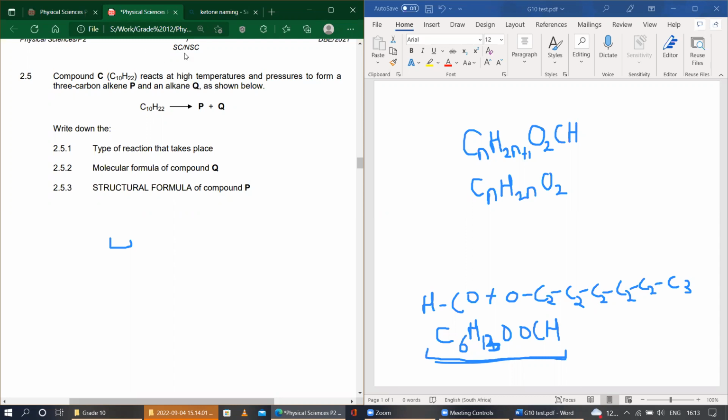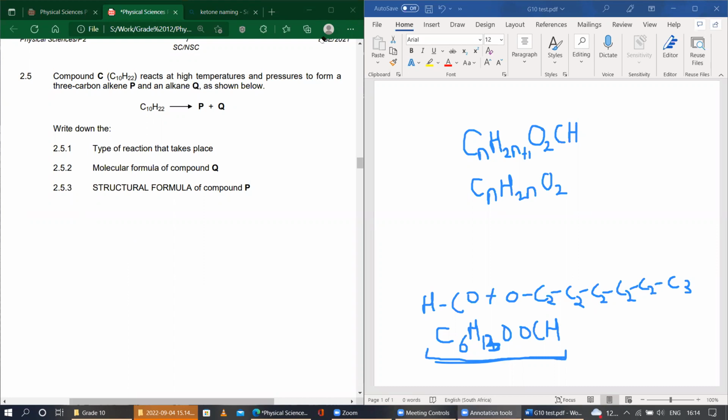So when they say something reacts in high temperature and pressure, what reaction do you think takes place? Honestly, I don't think I remember the reaction that takes place in this one.